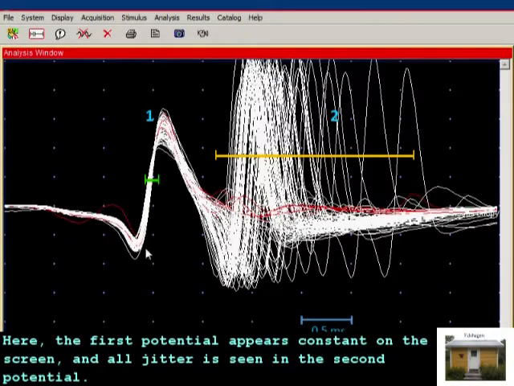Here, the first potential appears constant on the screen and all jitter is seen in the second potential.